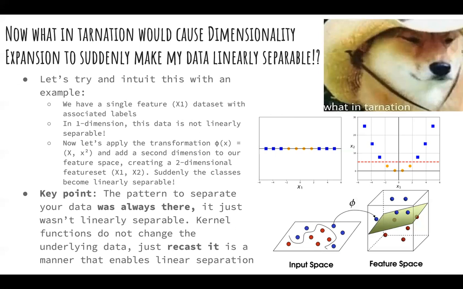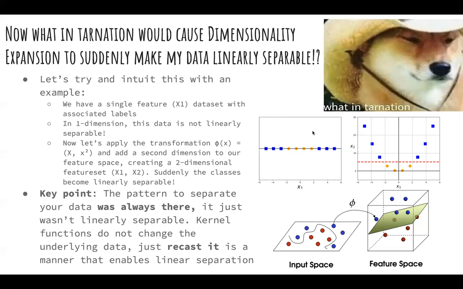The key takeaway for kerneling as a method is that this pattern was always there. It just wasn't approachable from a linear perspective.